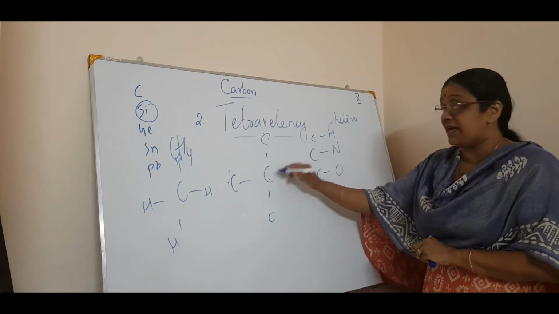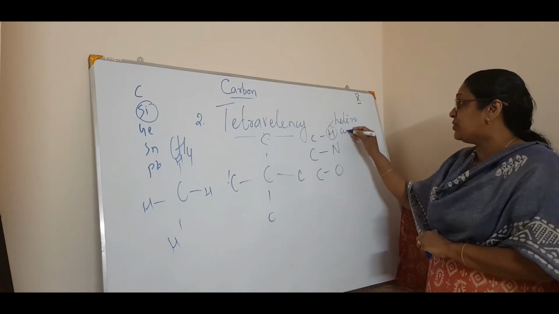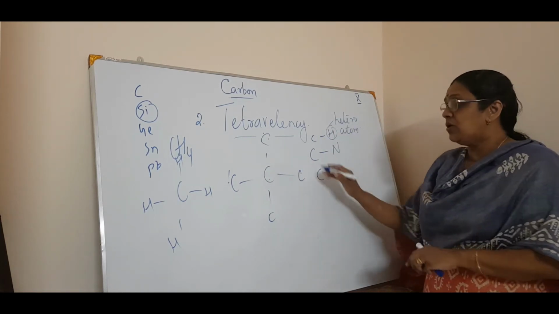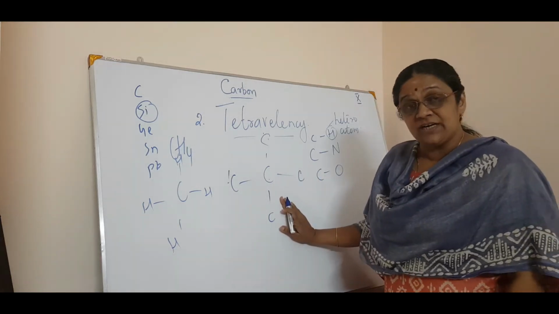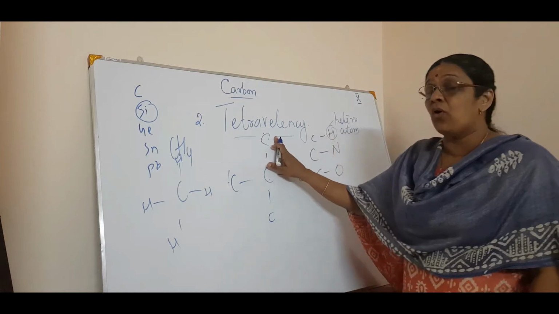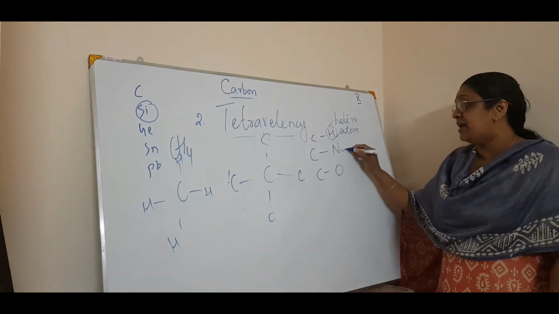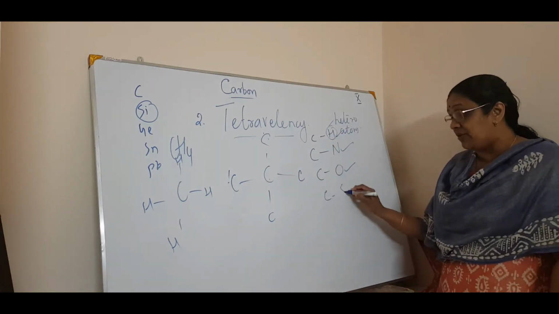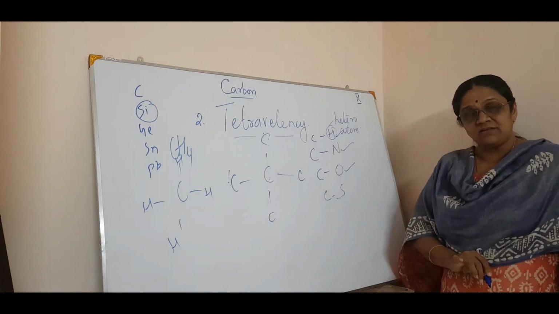Homo means the same carbon atom, hetero means a different atom. So carbon can form 4 bonds at a time with either carbon atoms or with other atoms like hydrogen, nitrogen, oxygen, even sulfur.